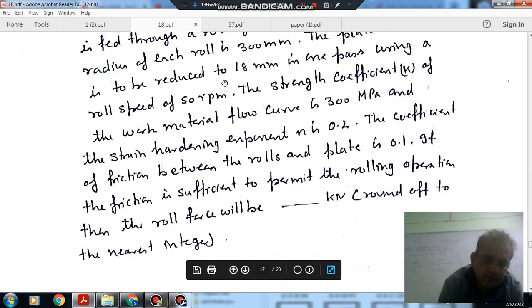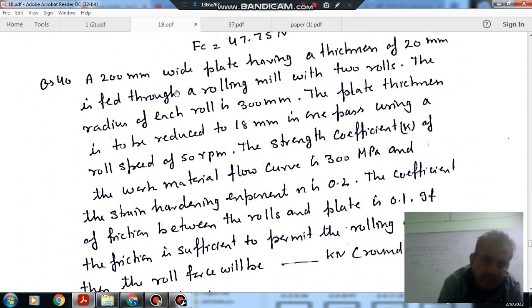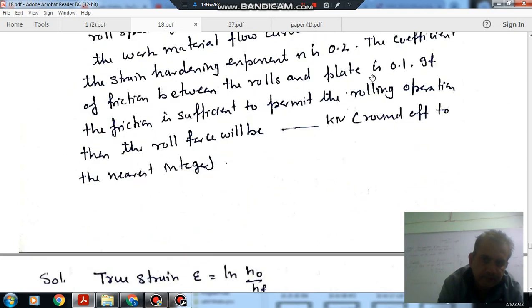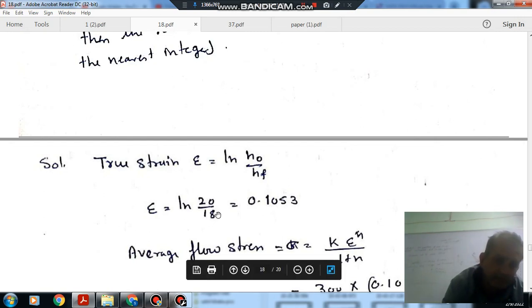Okay, so the true strain is ln of final thickness by initial thickness, or it can be taken as initial thickness by final thickness, h naught by h1, so ln 20 by 18 is the true strain.